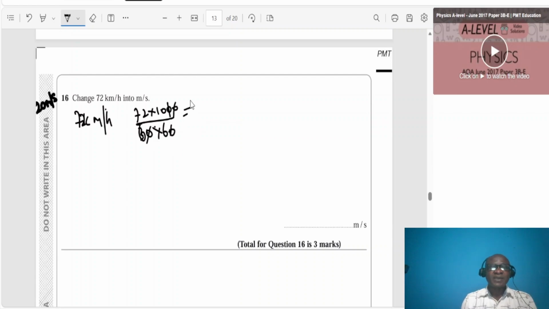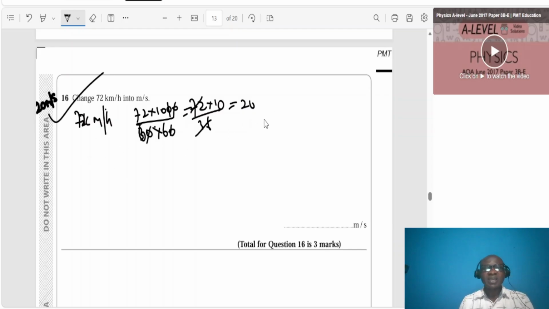That will now give me 72 times 10 divided by 36. And you can see 36 can go into 72 to give me 2. Then multiply by 10, that is 20. Meaning that the answer you got is very accurate. That is 20 meters per second. So that is correct.